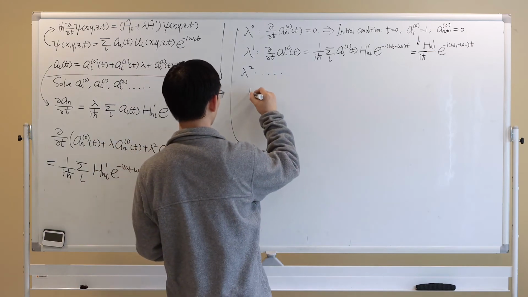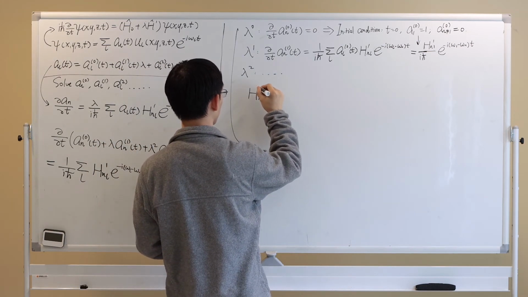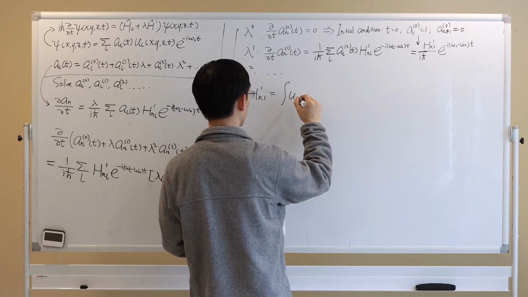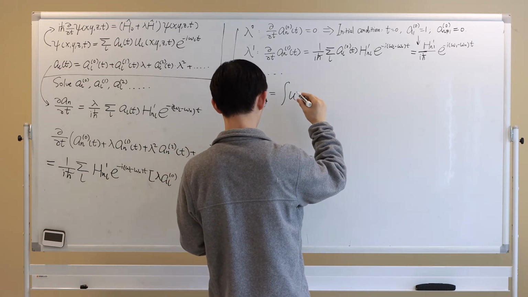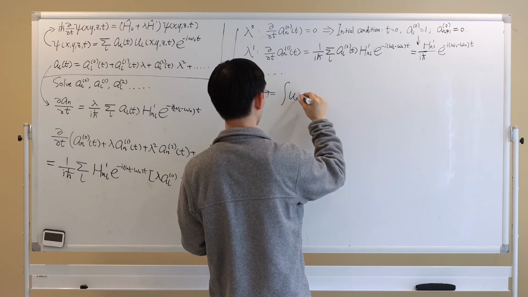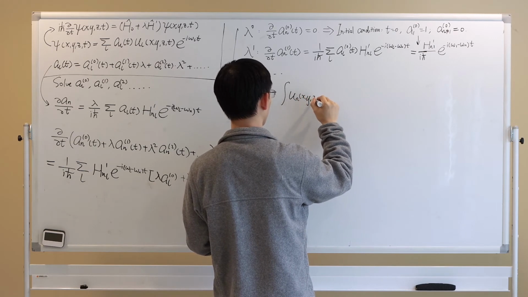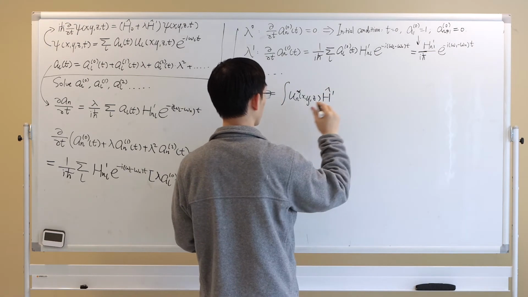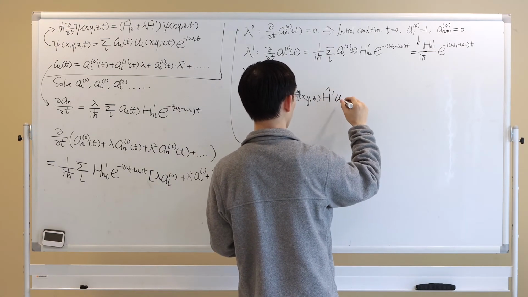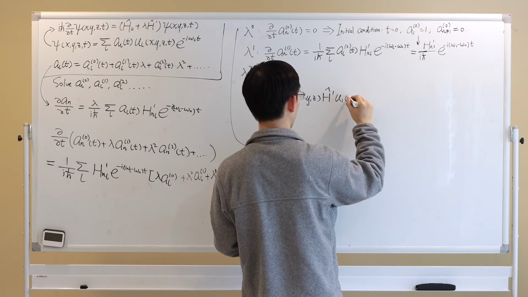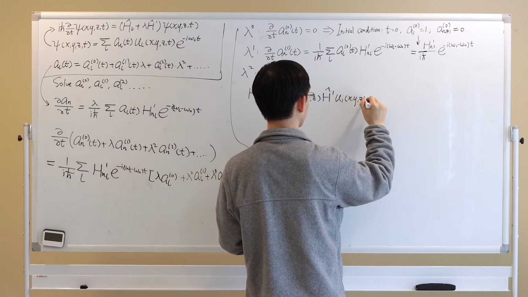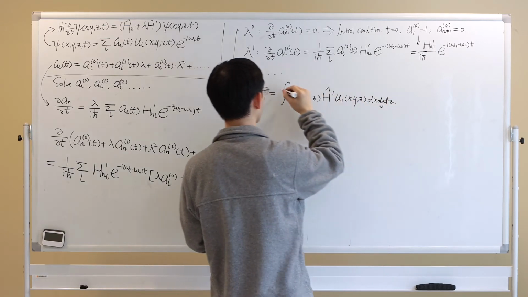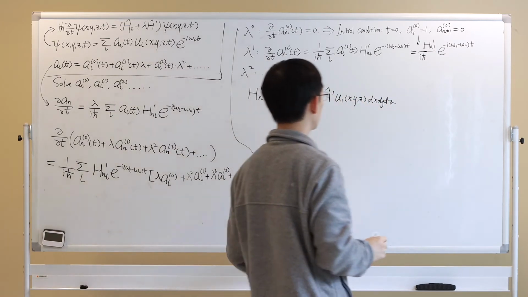Let's see what is H_n1. By our definition, H_n1 is U_n x y z h prime U_1, and what is H?